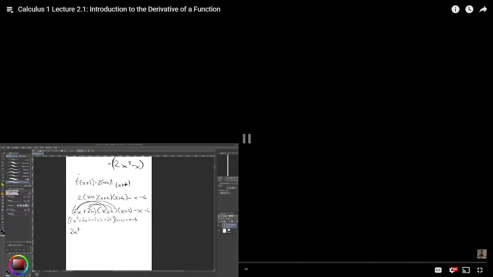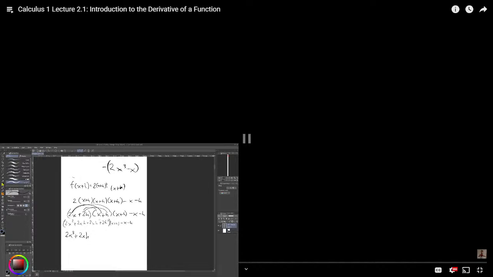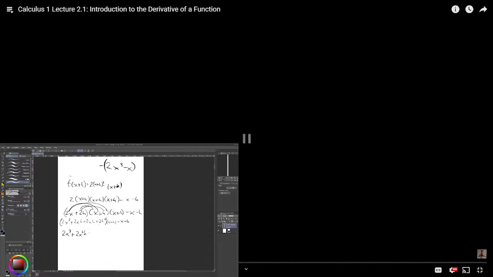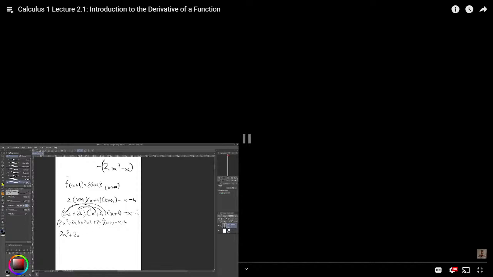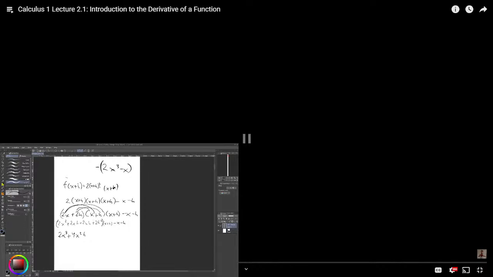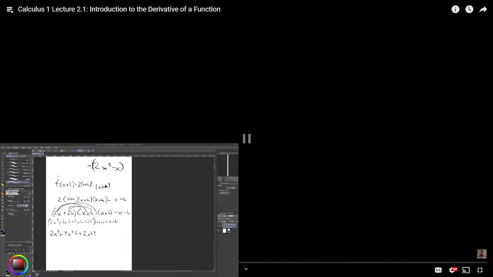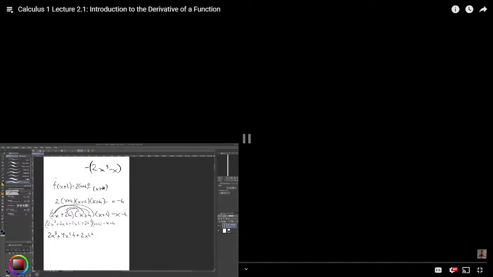So two x cubed plus 2x squared h, plus 2x squared h, or I could combine these, plus 4x squared h, plus 2xh squared, plus 2x squared h.